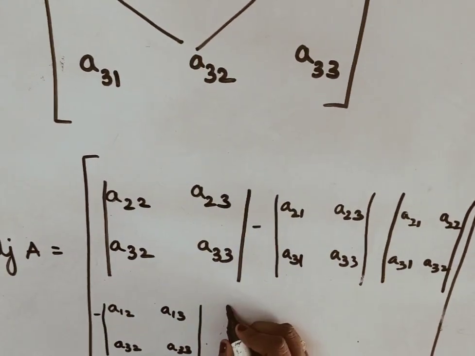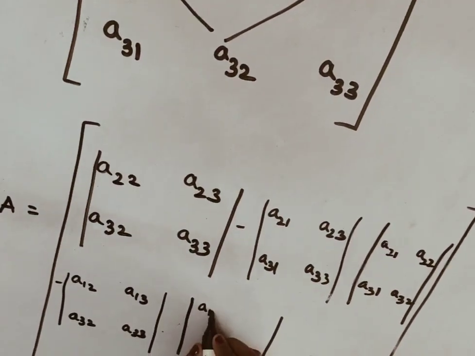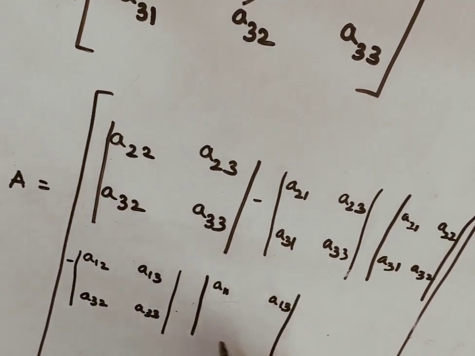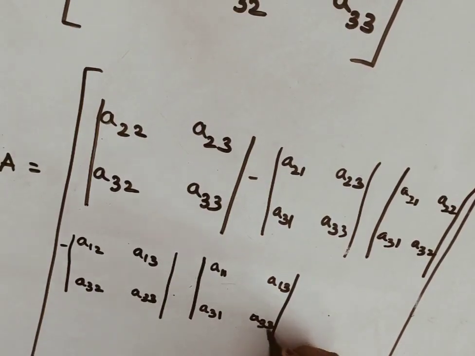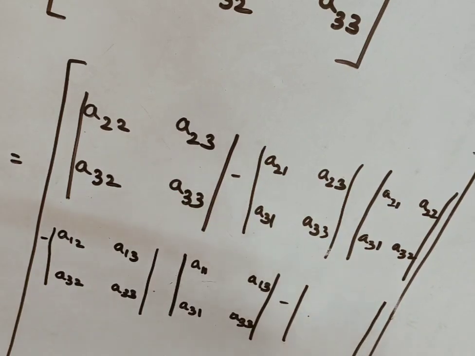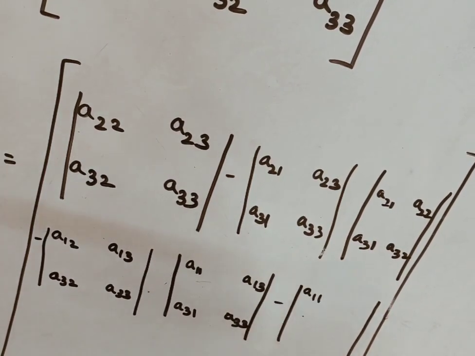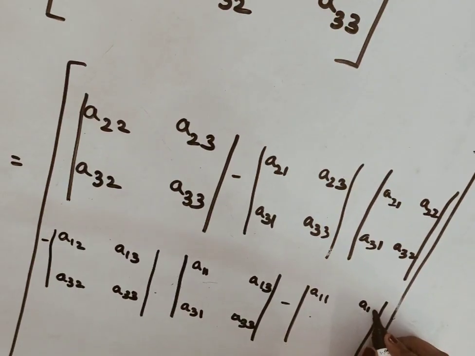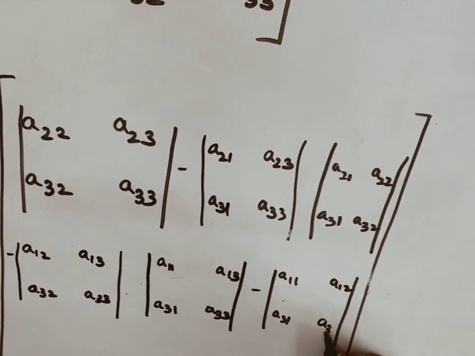Next, we form this term. If I consider that, I will get A11, A13, A31, A33, and this term will have minus by default. So we are putting minus over here. The terms within that will be A11, A12, A31, A32.